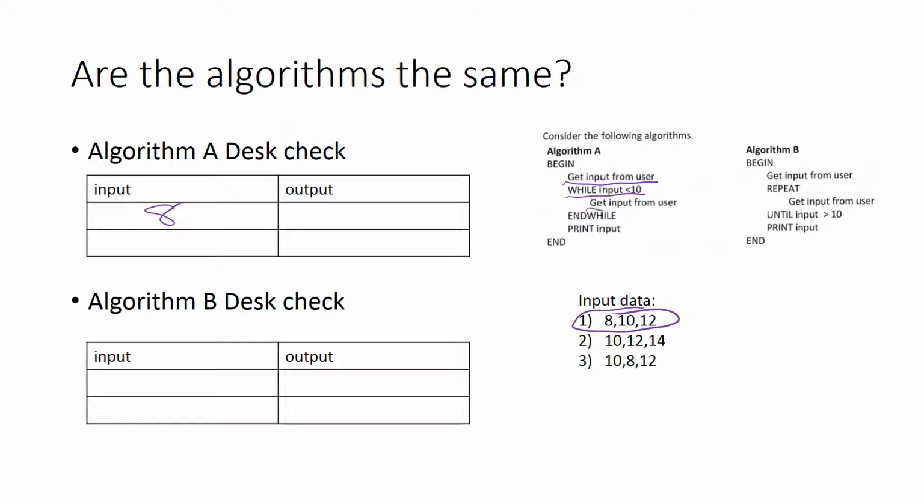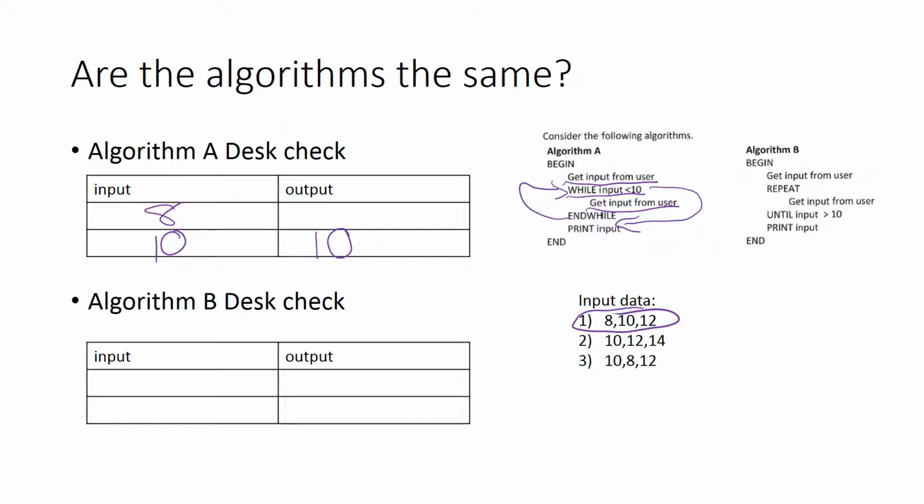Get input from the user, which is now 10. And while, go back up to the while and then say while input less than 10, and it's not, so we skip over the while and go straight to the print. So we print 10 to screen, and then that's the end of that algorithm.